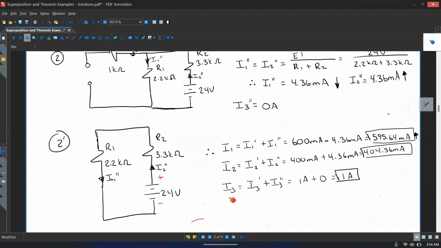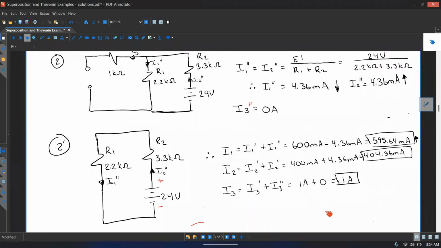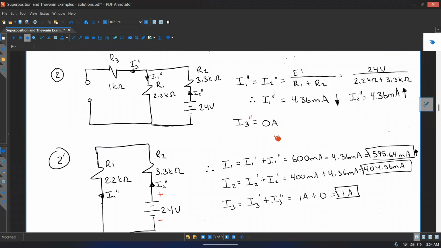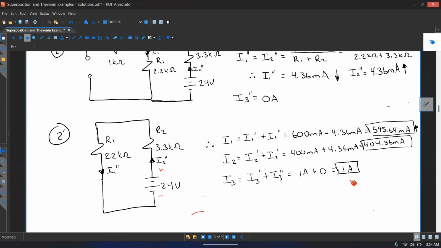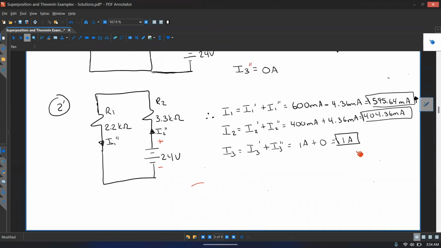All right, and then I3 equals I3 prime plus I3 double prime. And that's just 1 amp plus 0 because we didn't have any current flowing whenever we were just analyzing the 24 volt voltage source. And so that equals 1 amp.